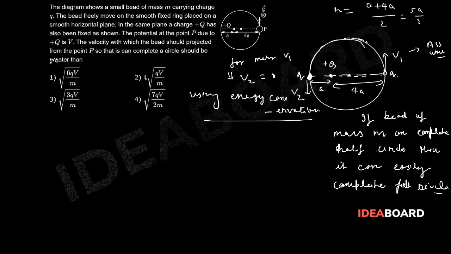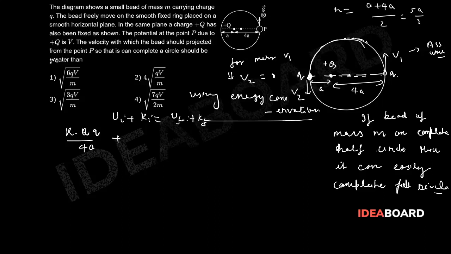Electrostatic energy will be kq·q/4a initially. So basically, what I am writing here is U initial plus K initial is equal to U final plus K final. I am using this formula.